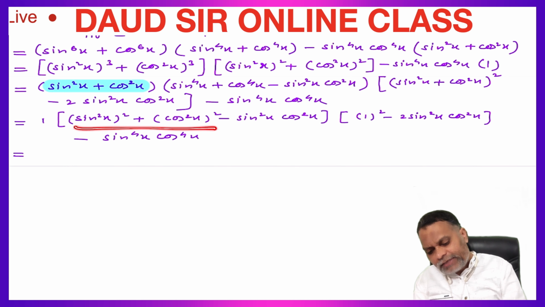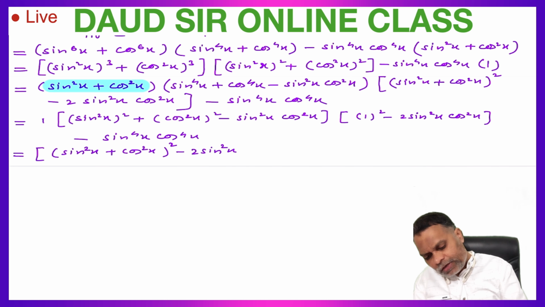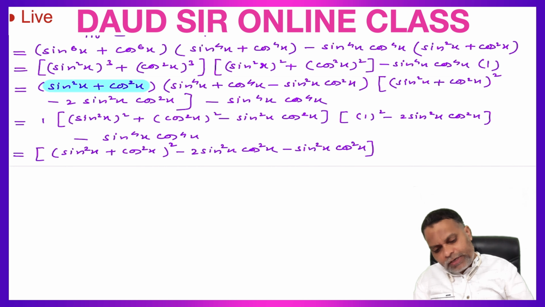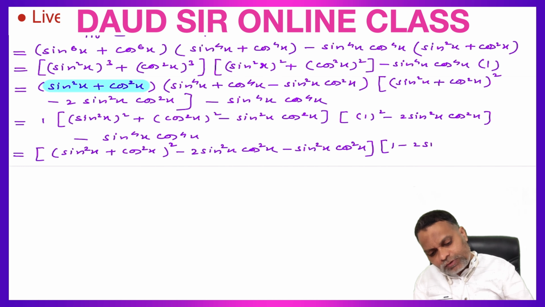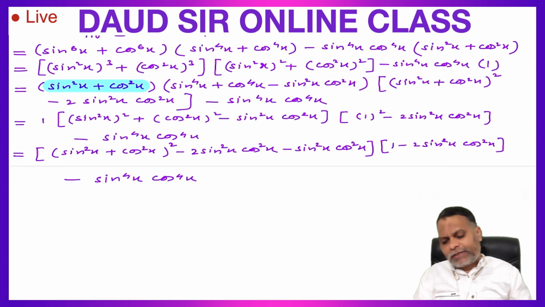Here again we can apply the a square plus b square identity. (a plus b) whole square means (sin square x plus cos square x) whole square. This is (a plus b) whole square minus 2ab, 2 sin square x into cos square x, and write this minus sin square x cos square x as it is, minus sin square x into cos square x, into 1 square, 1 minus 2 sin square x into cos square x, minus sin raised to the power 4x into cos raised to the power 4x.